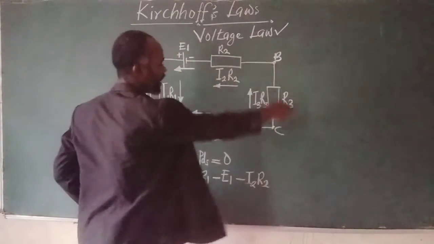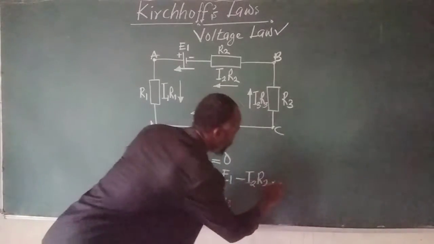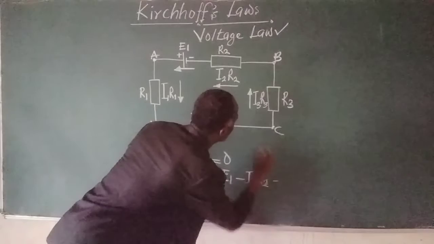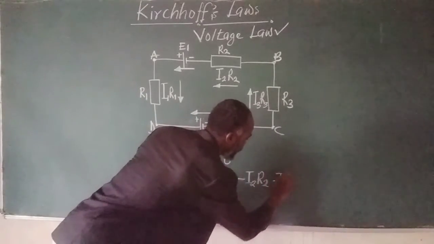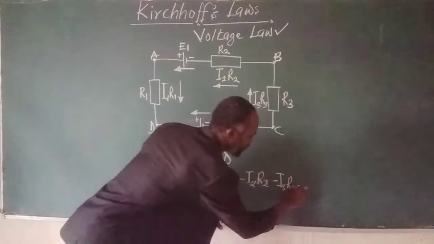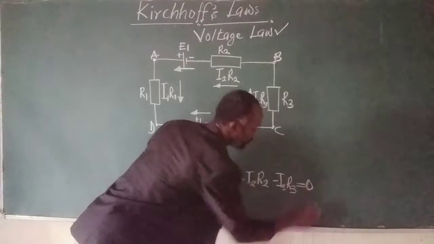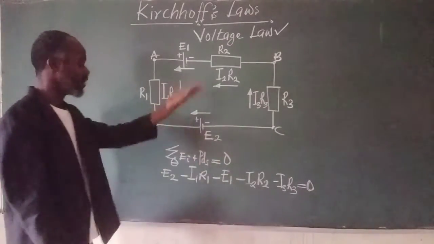And then down again, what do we have? Another one here is going to be minus as well because it opposes our direction: minus I3 R3. All these things are equal to zero. That's what Kirchhoff's voltage law is all about.